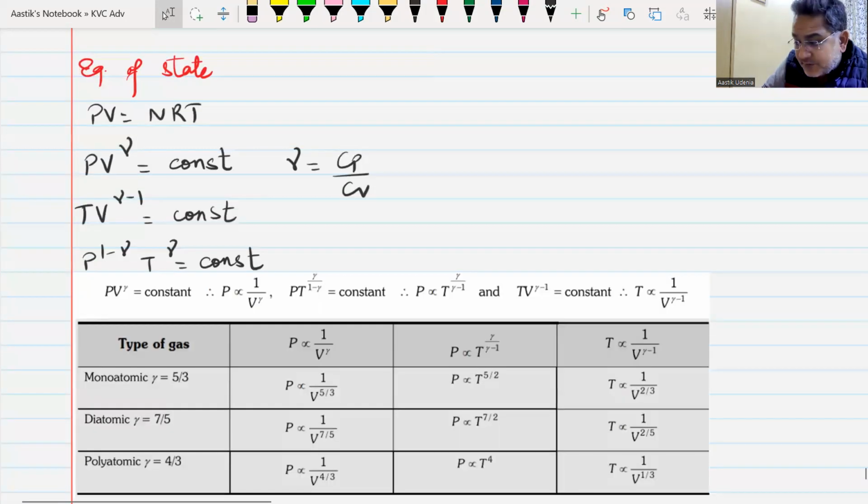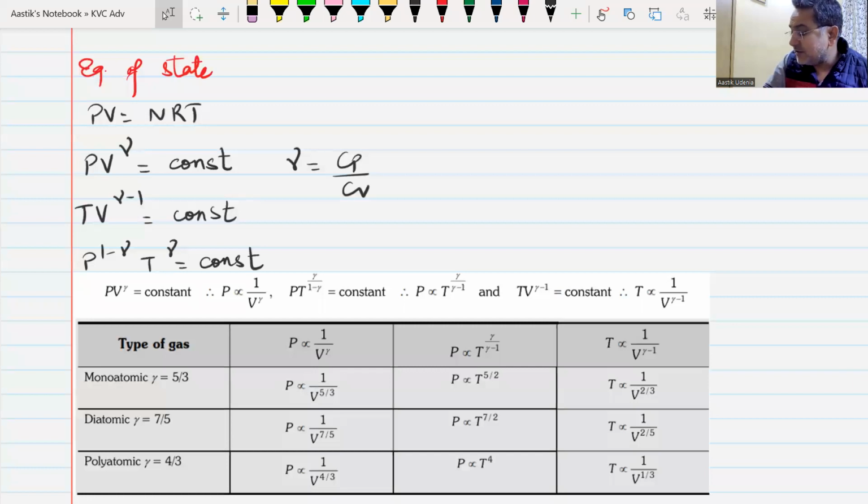I hope you will understand for different gases, gamma is different. Monatomic gas, gamma is 5/3. Diatomic gas, gamma is 7/5. And for polyatomic gas, gamma is 4/3. Do you understand what I've written here? Yes, sir. Okay, I'll give you 2 minutes to note this down.